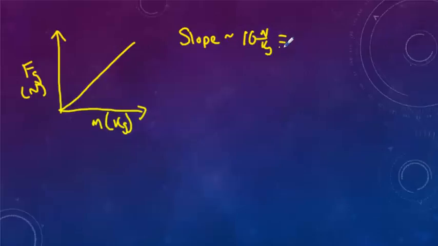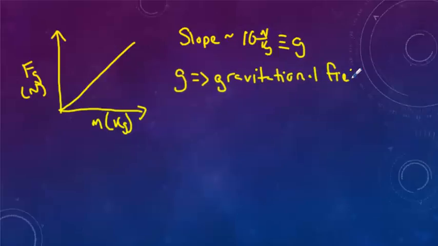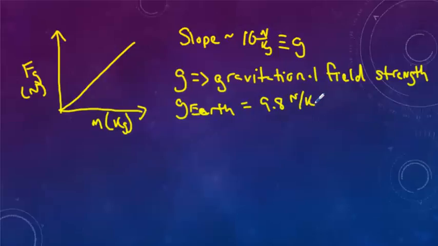Okay, and we defined the slope as g, which represents the gravitational field strength of the planet you're on. The g on Earth is equal to 9.8 newtons per kilogram.